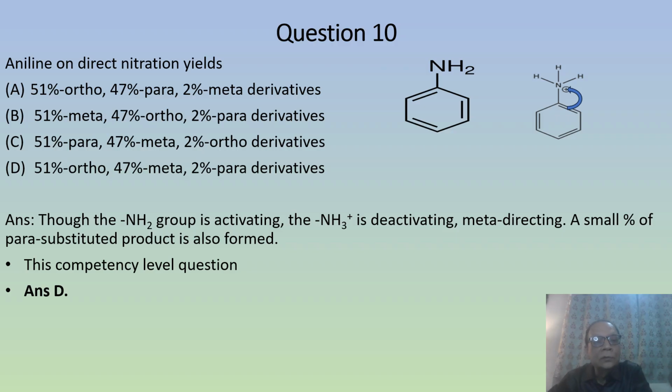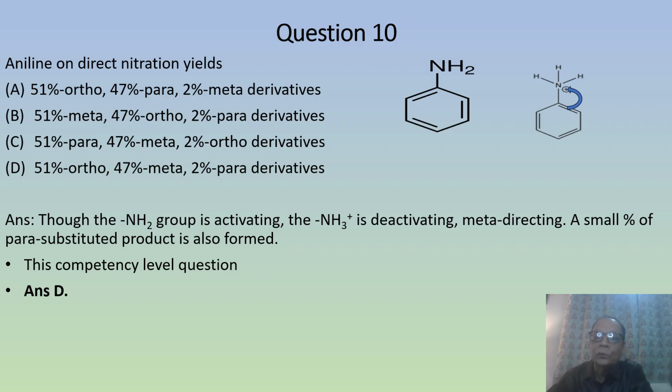But in nitration, we use acid. The nitrogen atom of the amino group can be protonated. Once it is protonated, it pulls the electrons as shown by this arrow and therefore becomes deactivating.